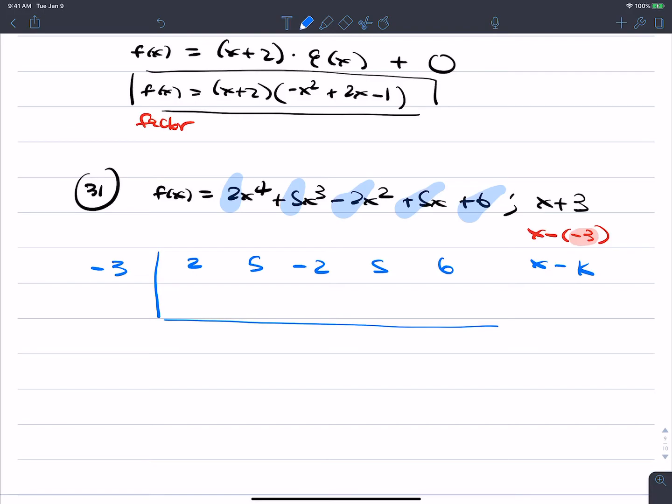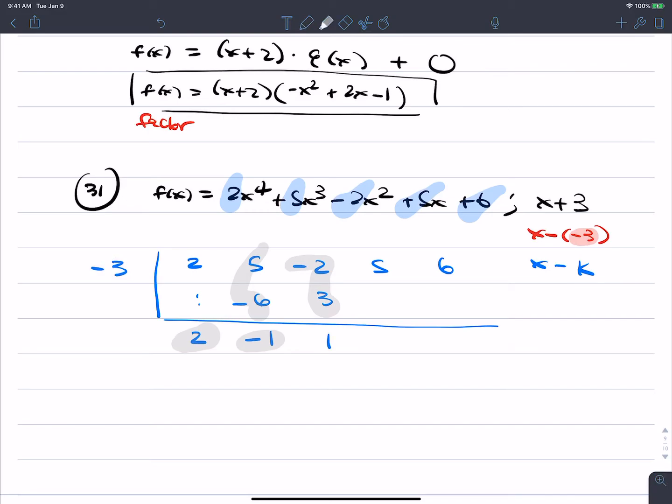We're going to have to do synthetic division. We start by bringing down the first number, 2. Negative 3 times 2 is negative 6. 5 minus 6 is negative 1. We repeat the process. Negative 3 times negative 1 is positive 3. Negative 2 plus 3 is positive 1.